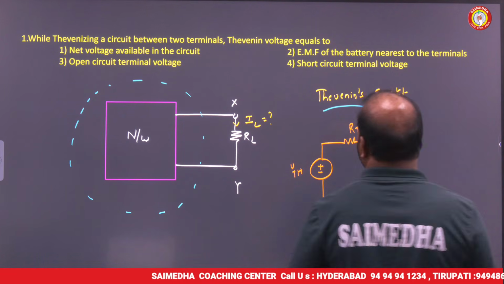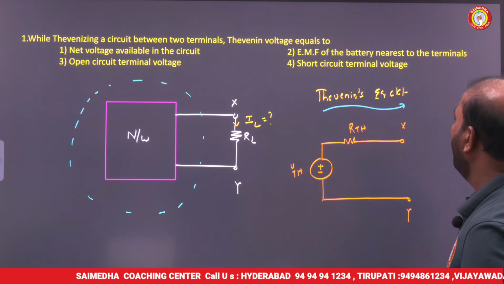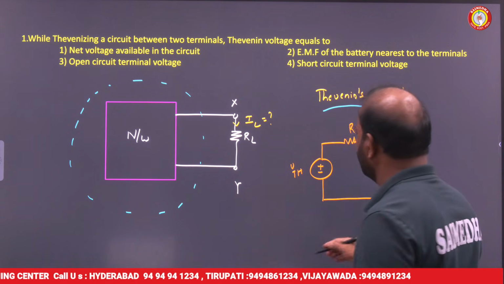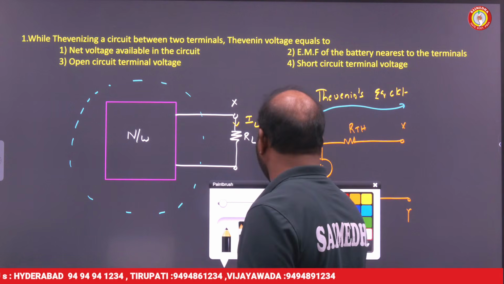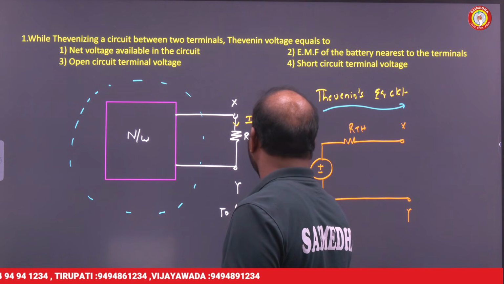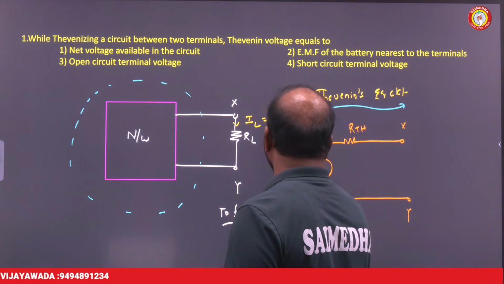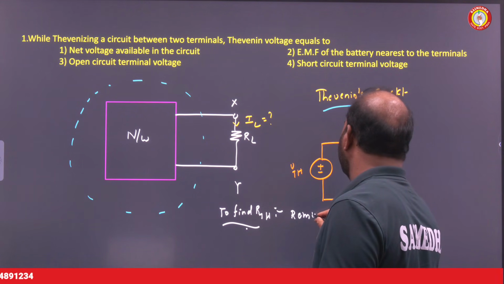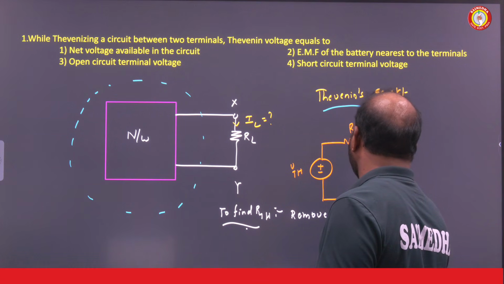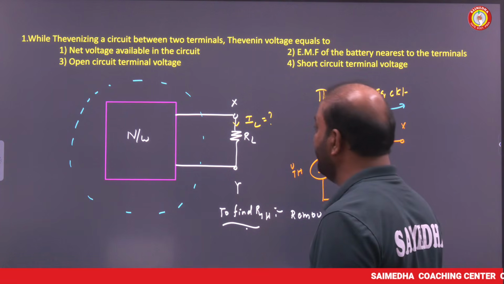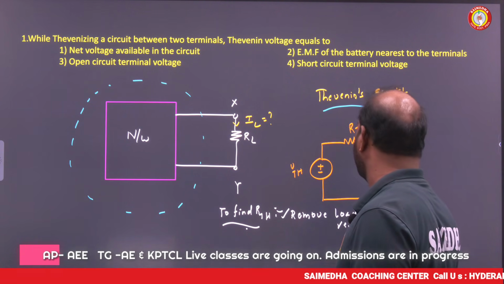Then, what is the procedure to find Thevenin's equivalent resistance? To find RTH, we need to remove the load resistance.